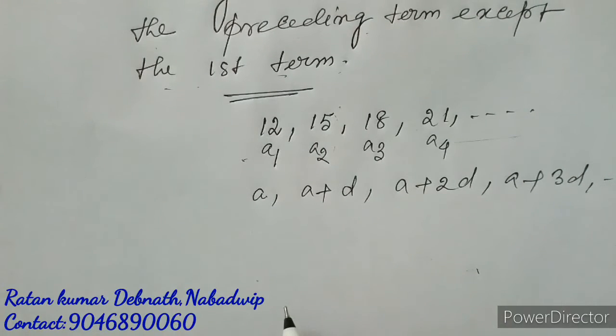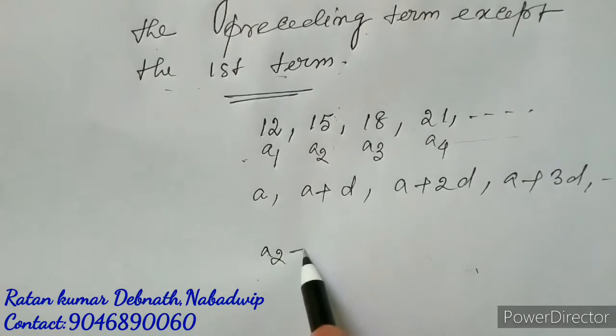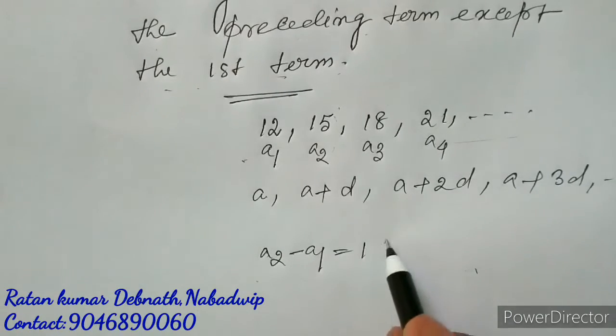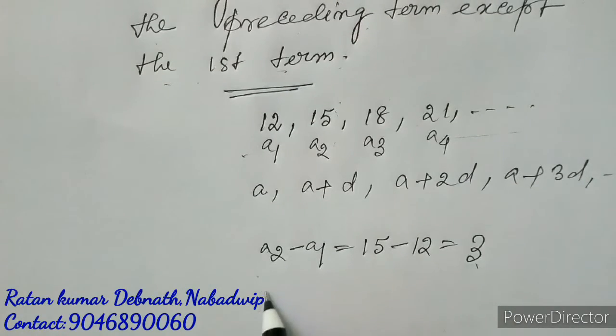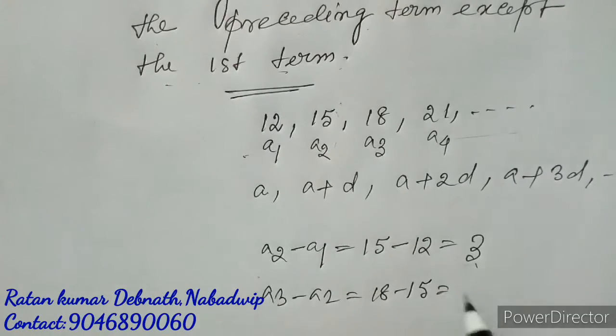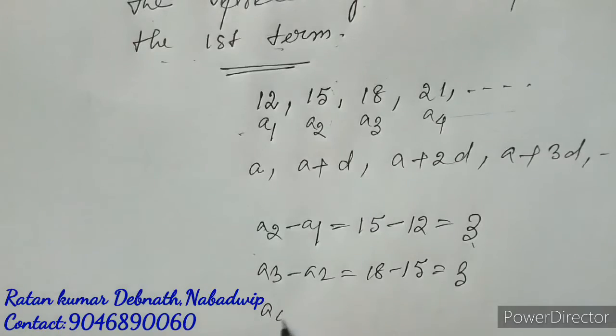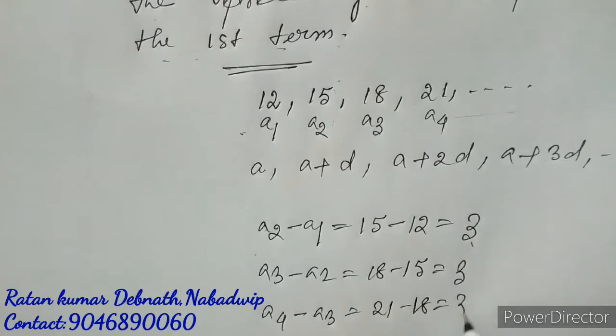Now if we want to know whether a series is an AP series or not, we have to find out the common difference. What is common difference? If we subtract a1 from a2, that is 15 minus 12 results in 3, and a3 minus a2, 18 minus 15 results in 3, a4 minus a3, 21 minus 18 results in 3.